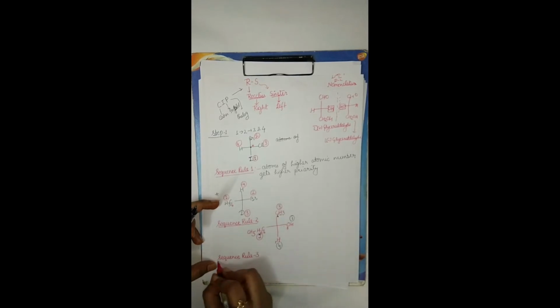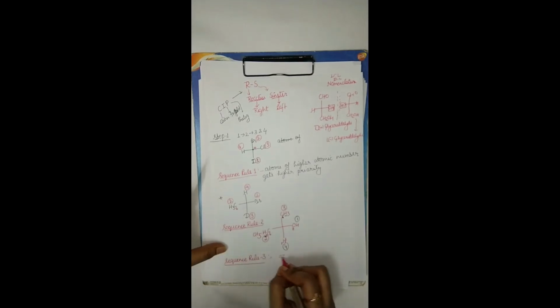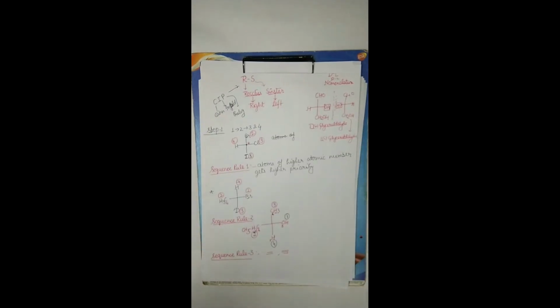Sequence rule 3. If a compound has double bonds or triple bonds, they are treated as if they have duplicate or triplicate single bonds. In other words, each doubly bonded atom is duplicated and each triply bonded atom is triplicated.